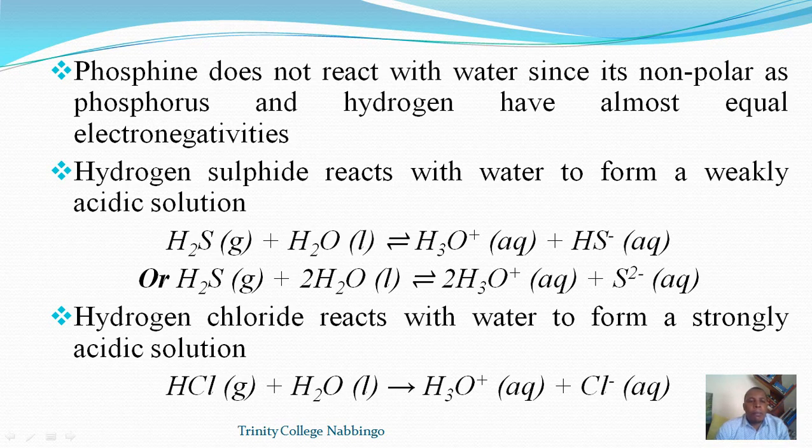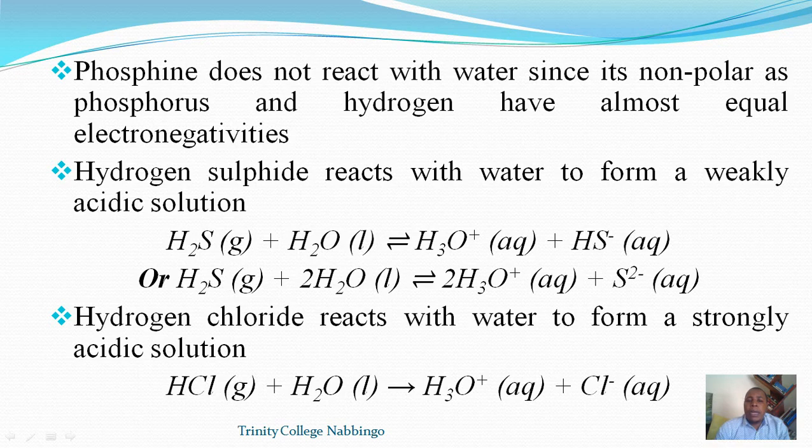Phosphorus, for example, according to the Pauling scale, has an electronegativity value of 2.19, whereas hydrogen has an electronegativity value of 2.20. So you notice that 2.19 and 2.20 are almost the same values. The electronegativity being the same, that means the bonds are non-polar, and if the bonds are non-polar, then the whole molecule ends up being non-polar.